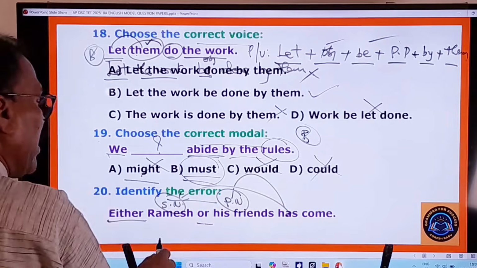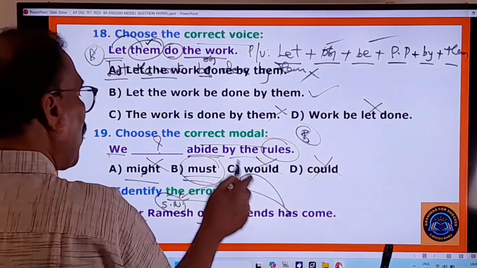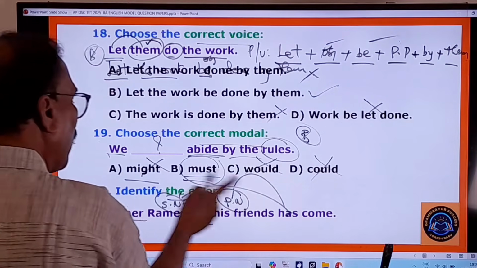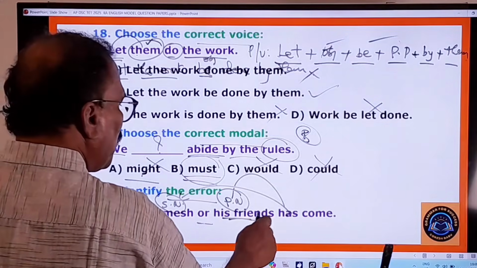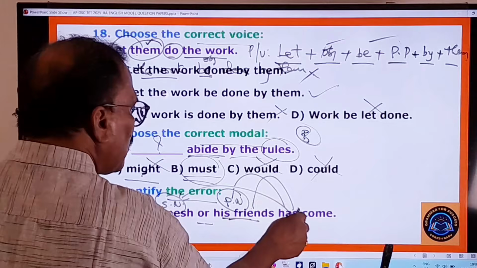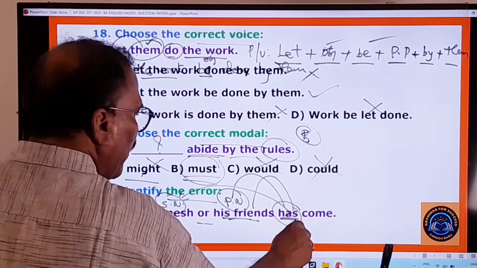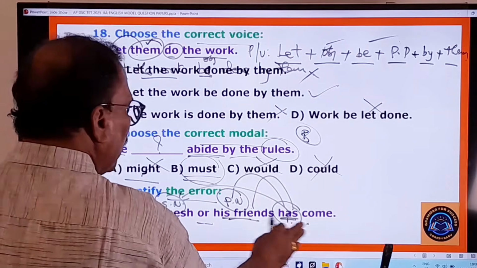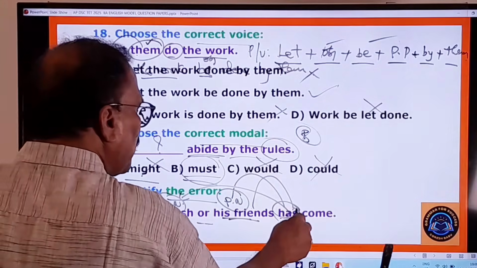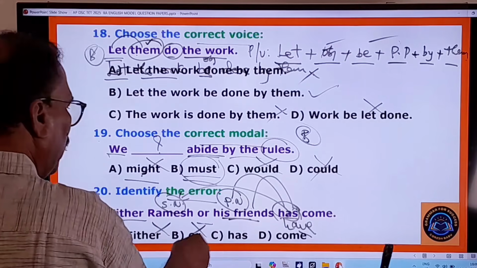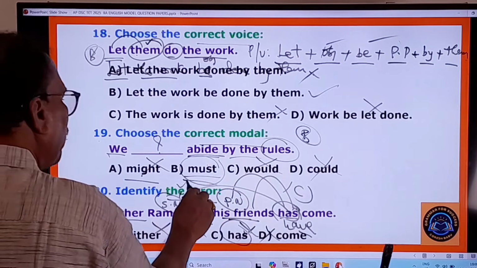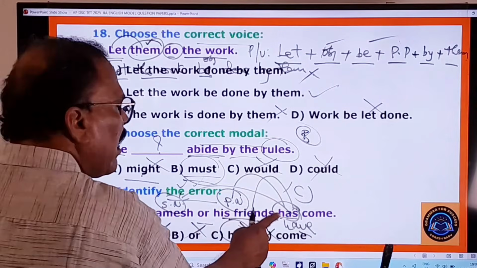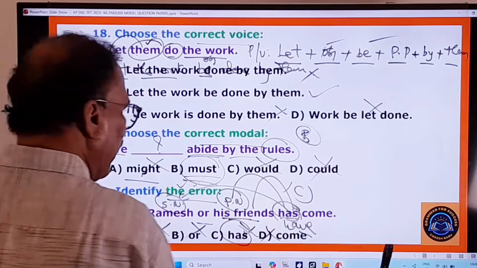So what is the plural noun? His friends. So what should we use according to this? Has is wrongly used. You have to say have. Has is wrong. This is the error part. Therefore, this has is the error.